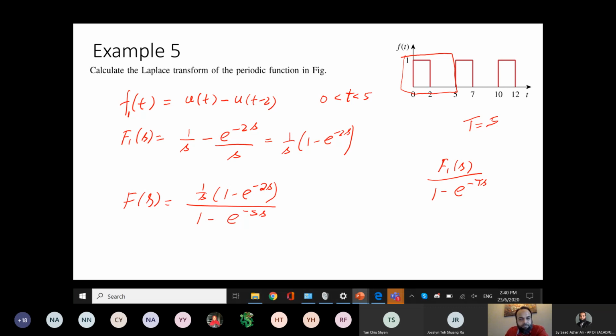Is that clear? It's very easy if we have a periodic function. We just find the Laplace of the first period only, and then we proceed with dividing by 1 minus e to the minus sT. Any question?